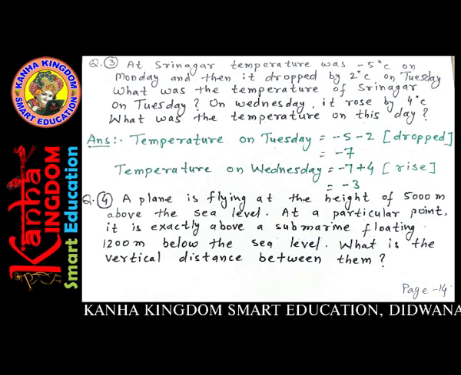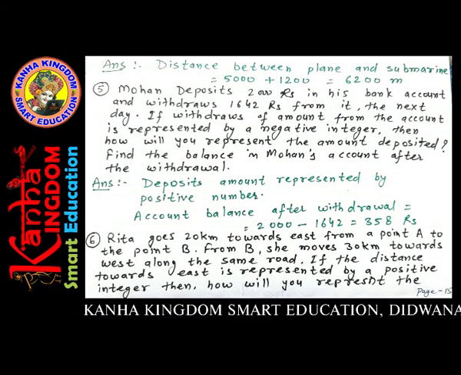What is the vertical distance between them? The vertical distance is the addition of these numbers. The answer is: distance between plane and submarine is equal to 5000 plus 1200 is equal to 6200 meters.